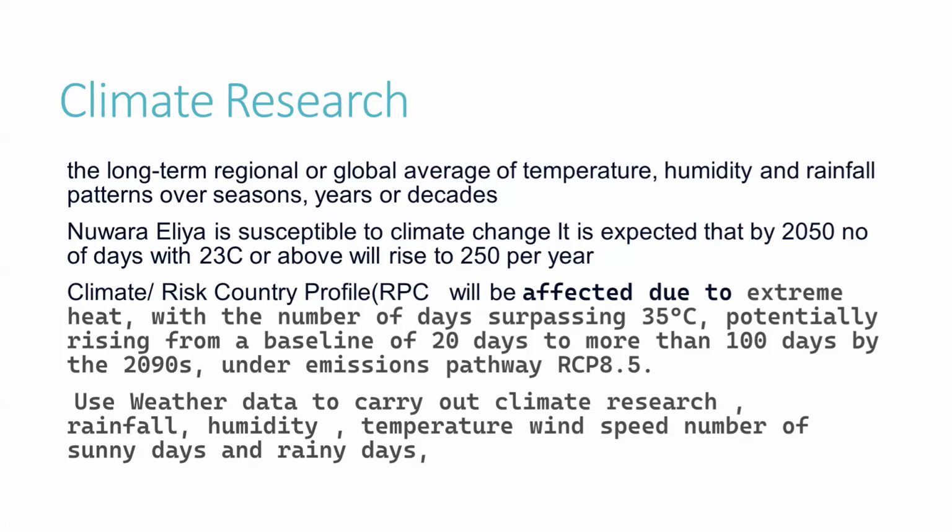Now, for example, Nuwara Eliya is susceptible to climate change. It is expected that by 2050, the number of days with a temperature of 23 degrees or above will increase to 250 per year. That is, 250 days of the year will have temperatures of 23 degrees and above.